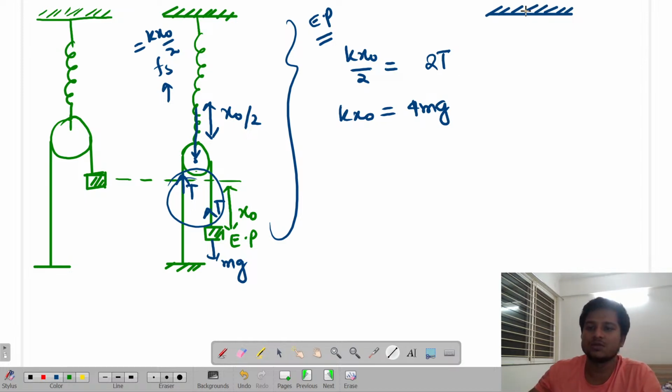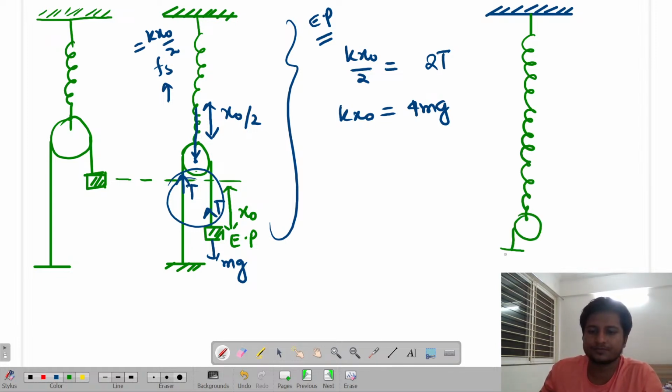The next step is the same pulley block system. One minute. This is my pulley, this is my thing, and this block, one minute, wrong diagram.